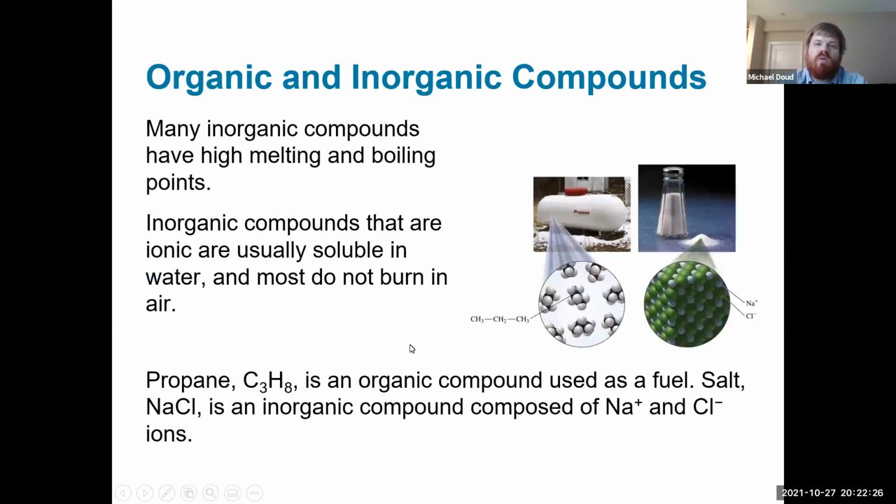Okay, so comparing organic and inorganic compounds is very useful here at the beginning, so that we understand the importance of organic compounds. Inorganic compounds are basically anything that doesn't contain carbon. These are usually going to be ionic, with some exceptions. Water, for example, is an inorganic compound.